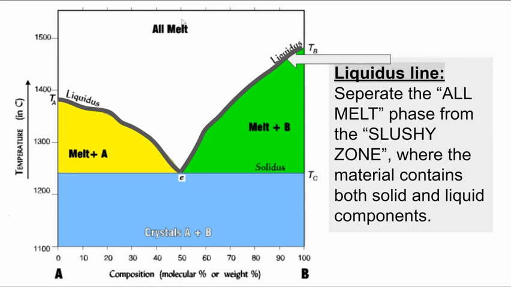Since alloys melt over a range of temperatures, instead of acting like a pure substance with a single defined melting point, there's going to be a time period where the mixture, as it melts, will contain both solid crystals as well as liquid melt. So the liquidus line is the boundary between the entirely liquid section and the slushy zone, where you have some solid and some liquid as it's completely melting or freezing.